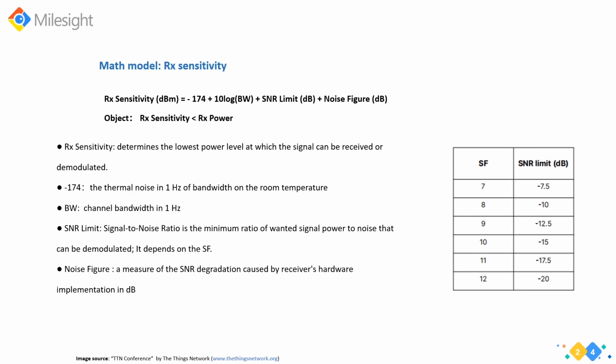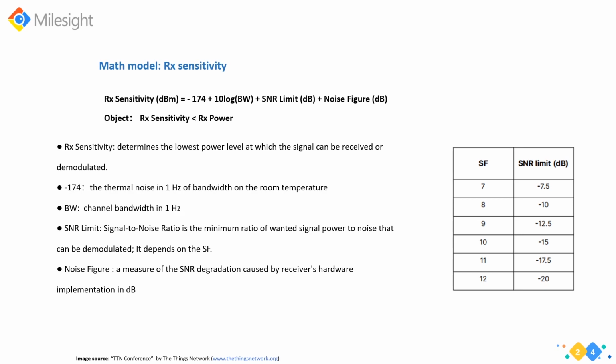So here you can find some other technical terms. Bandwidth is bandwidth. The SNR limit means the signal-to-noise ratio. It means the minimum ratio of wanted signal power to noise that can be demodulated. And the noise figure depends on which model of LoRa chipset you are using.